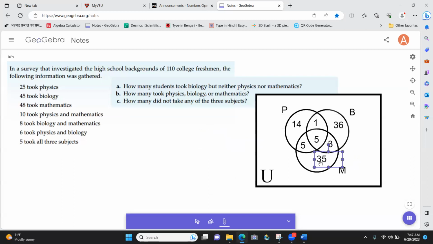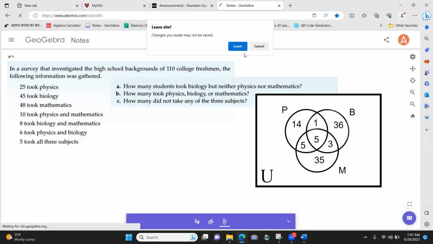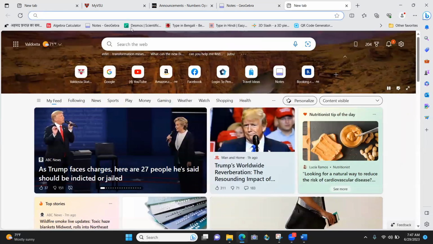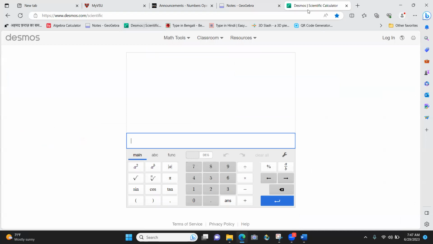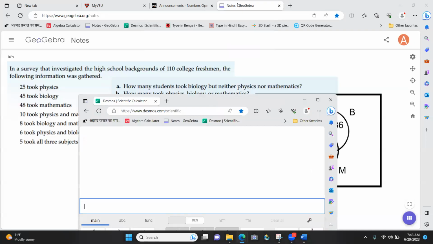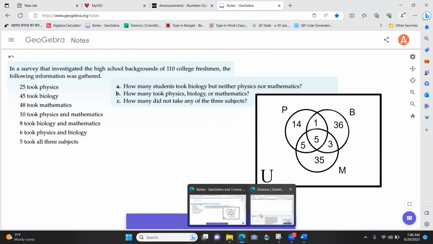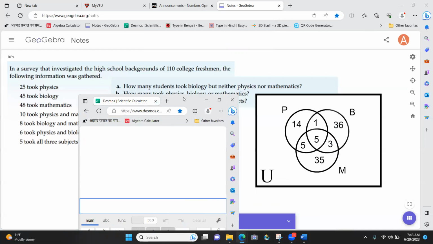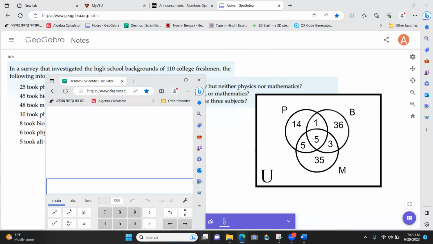Okay, now I have to put the number of people who didn't take any of these 3 subjects. That should be adding all the numbers inside the 3 circles, and I will do it carefully. I don't want to mess it up. Give me 1 second. All right, so right here, I'm going to add all the numbers inside the 3 circles.